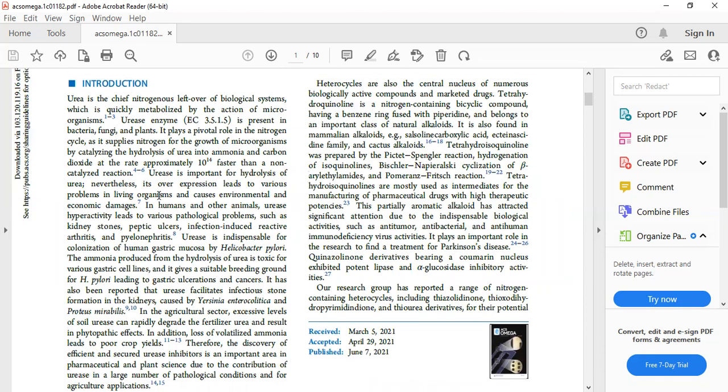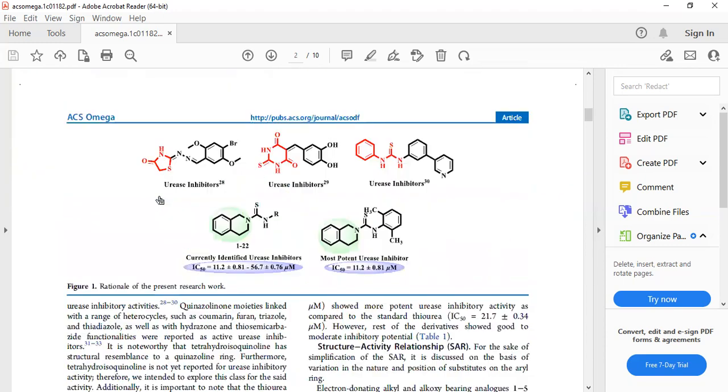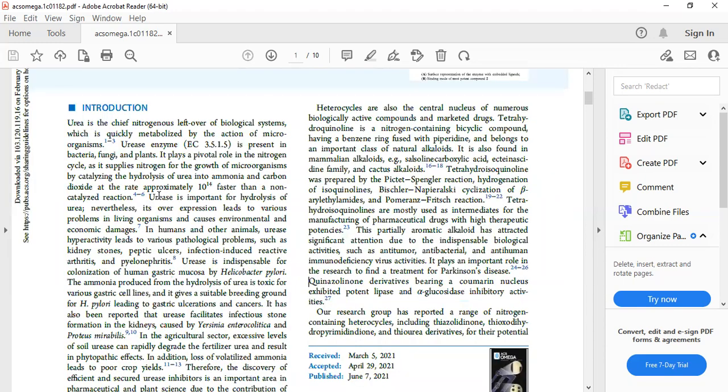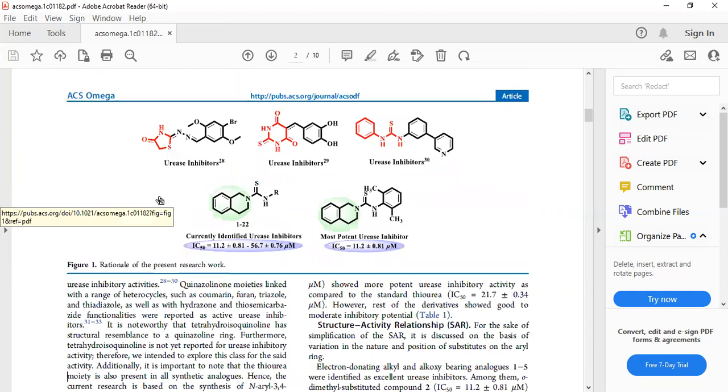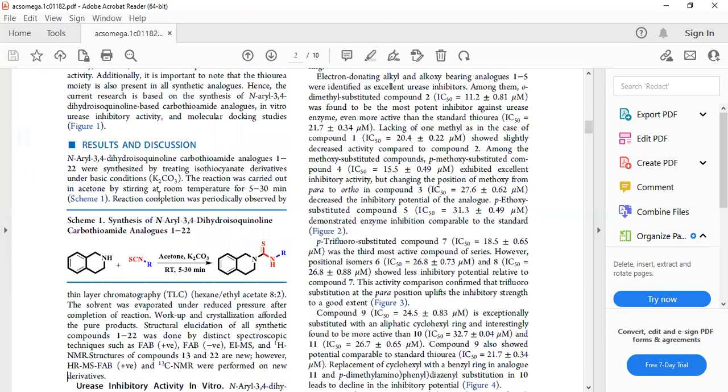So after writing the introduction portion, then you have to write the result and discussion portion.